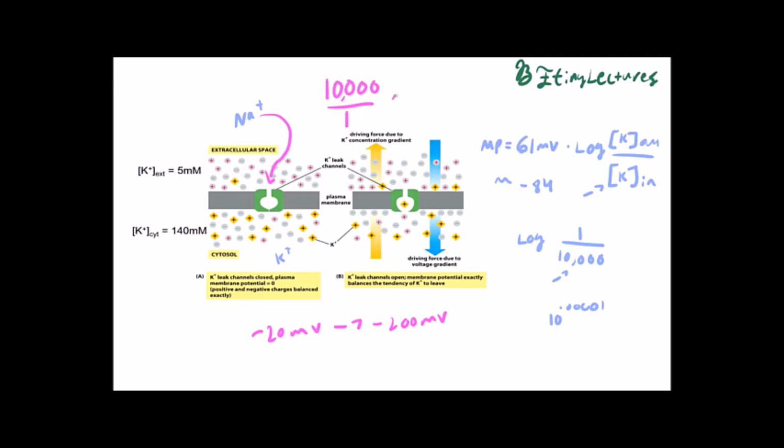So this would be a positive number. And that is why whenever an action potential occurs, it shoots up. It goes to about 30 millivolts in the positive direction. Because this number is bigger on the top, it has to be a positive number.